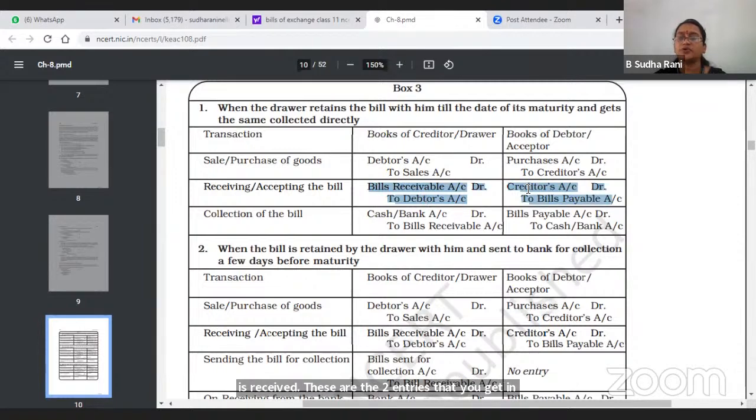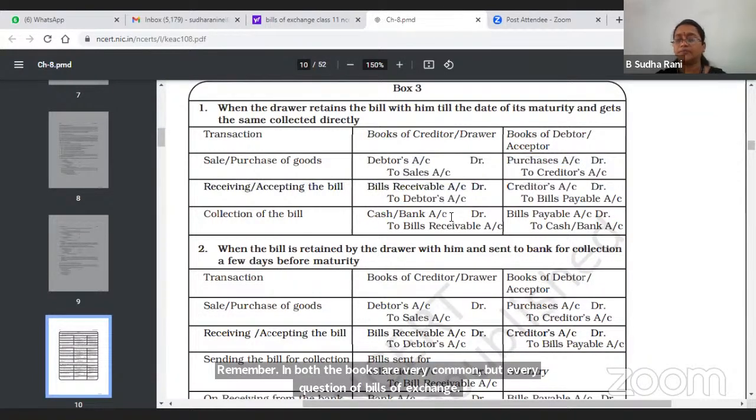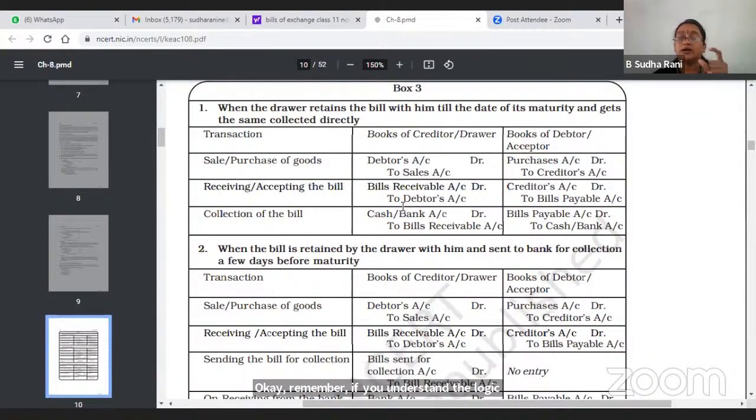In the drawee's book, you must write the creditor, that is the drawer's name account debit to bills payable. See, these two entries in both the books are very common for every question of bills of exchange. Okay, remember, if you understand the logic of remembering, remember, otherwise you can learn it by heart.